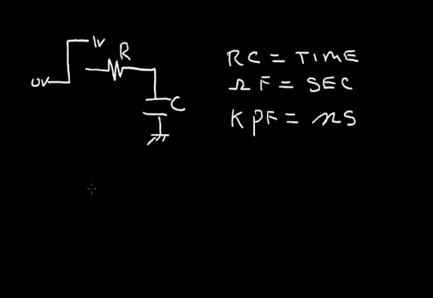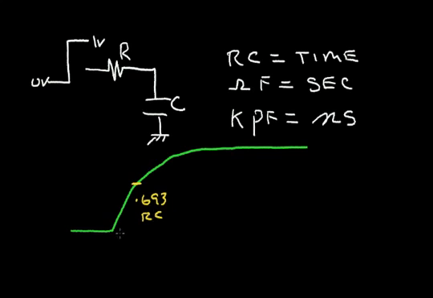So to summarize, we know that the output response will do something like this. It'll charge and approach a final value. And we know that the halfway point has taken 0.693 time constants. If we plot time constants on this axis, say this is RC to this point, we'll take another RC time constant to this point.